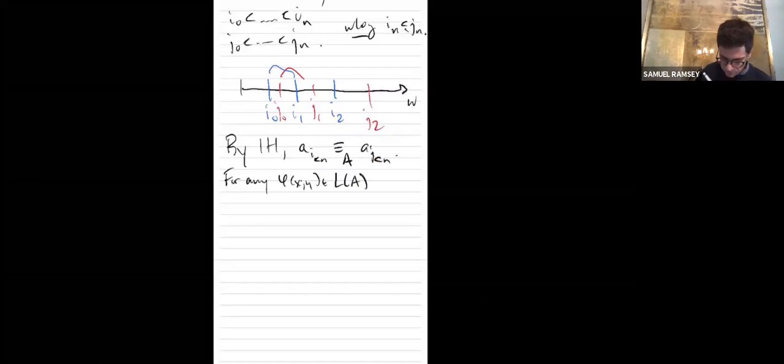And now it's really just a matter of using our definitions. So then for any formula phi(x, y) in L_A, we have that phi(a_{i_n}, a_{i<n}) is true if and only if what?